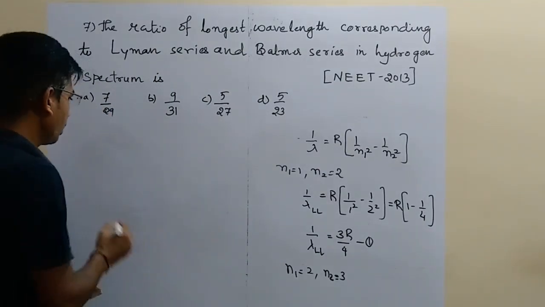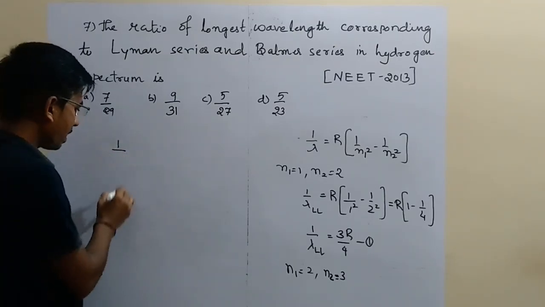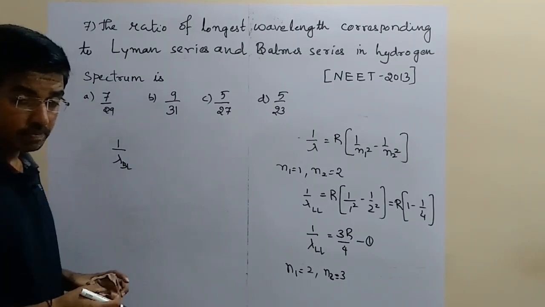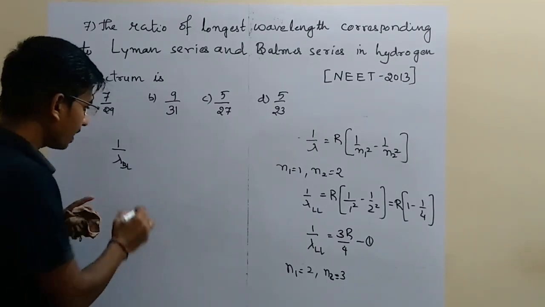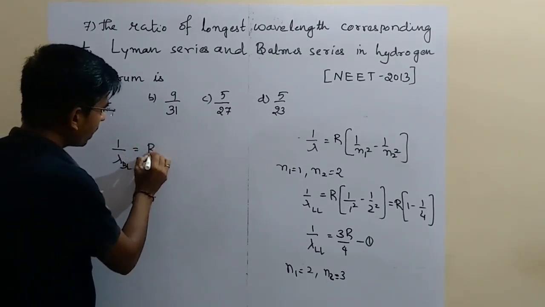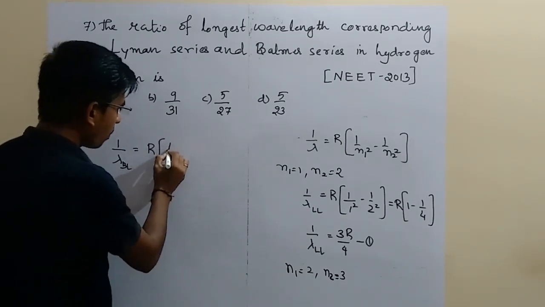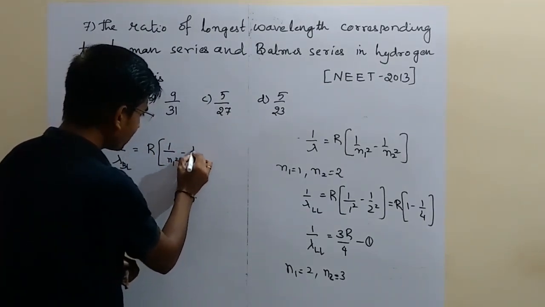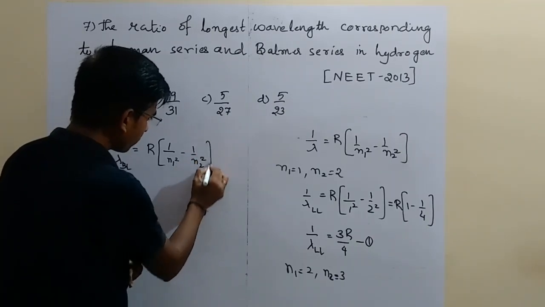Now I will take the wavelength as lambda BL, the longest wavelength of the Balmer series, which is equal to R, the Rydberg constant, into 1 divided by n1 square minus 1 upon n2 square.